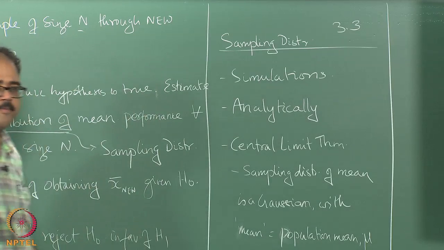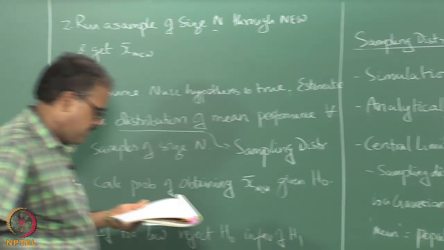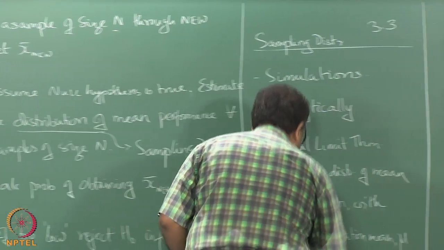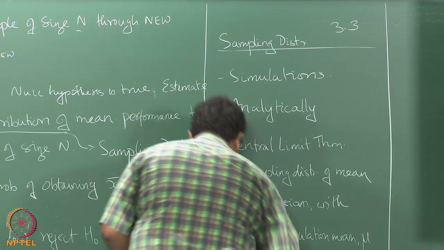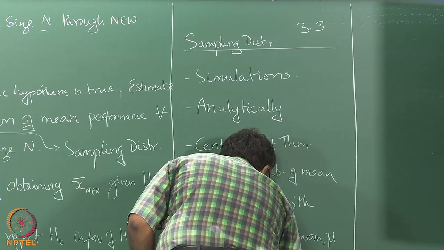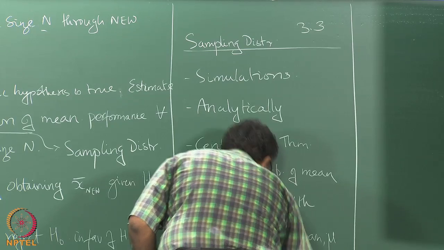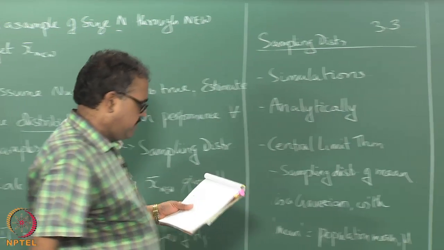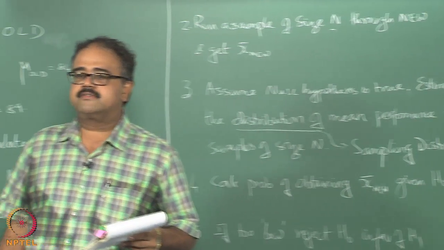I am going to call the population mean mu, and the standard deviation is, where sigma is the population standard deviation.